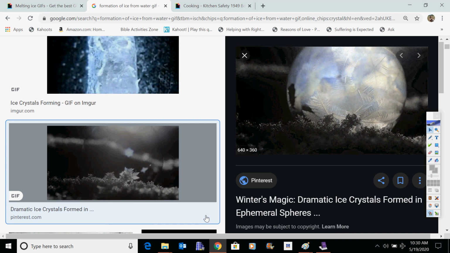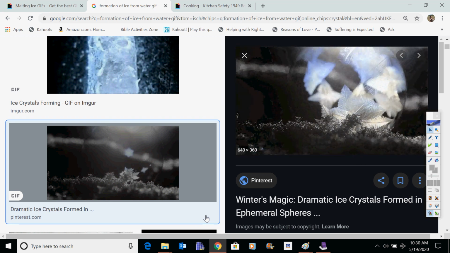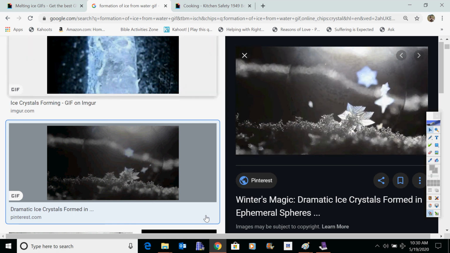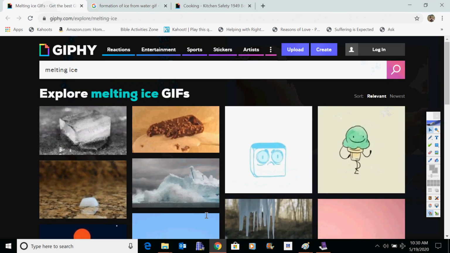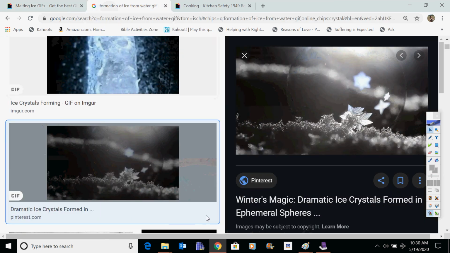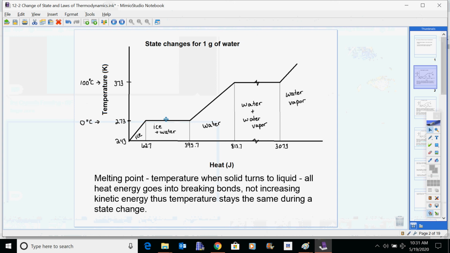So freezing and melting are happening at the same temperature. It's just a matter of whether heat is being added, in the case of melting, or heat taken out, in the case of freezing. Okay, so let's get back to our chart here.